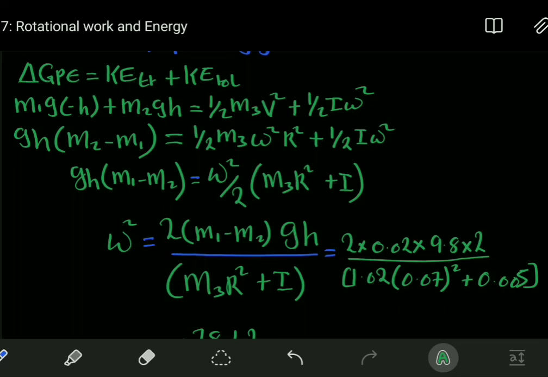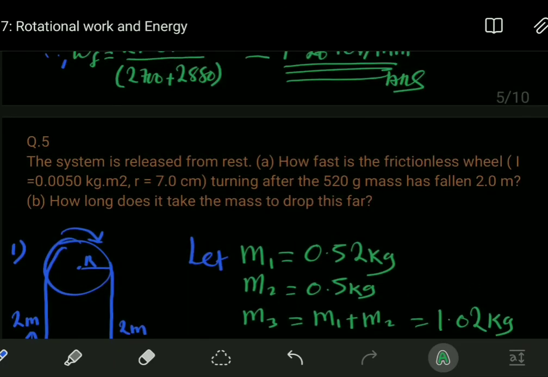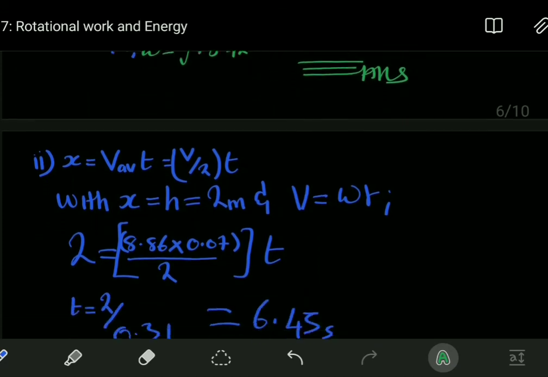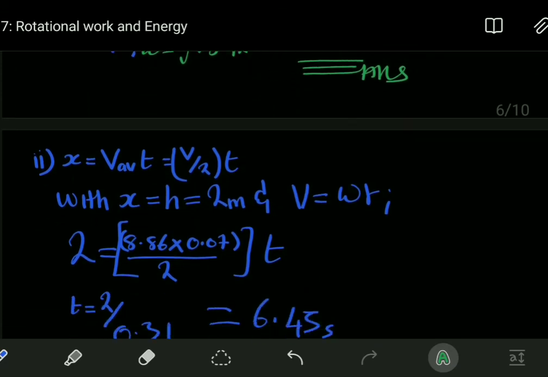So now we move on. What else are we finding? We also want to find how long it takes for this mass to drop this far. So we have this equation of motion here. We are saying that displacement equals average velocity times the time, which is v over 2 times the time.